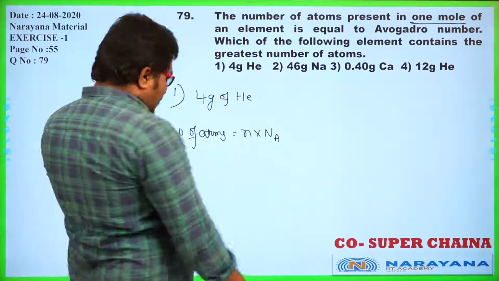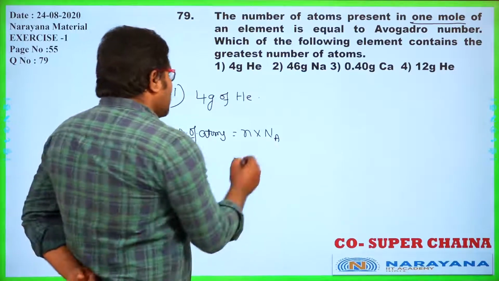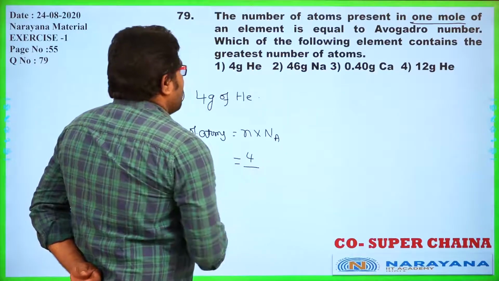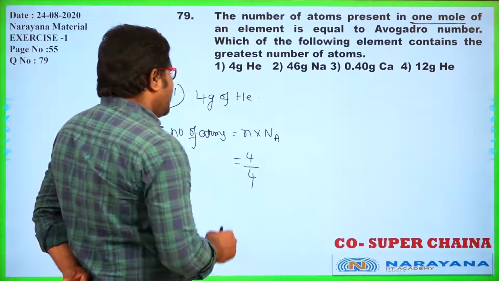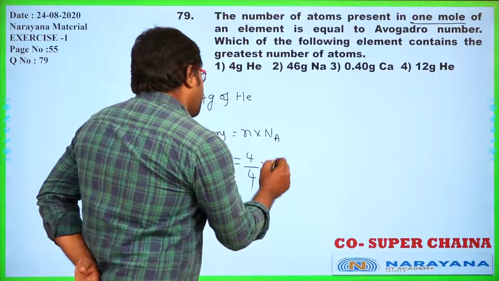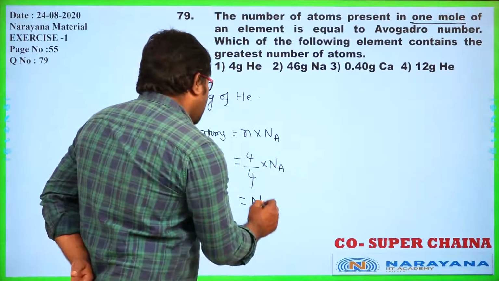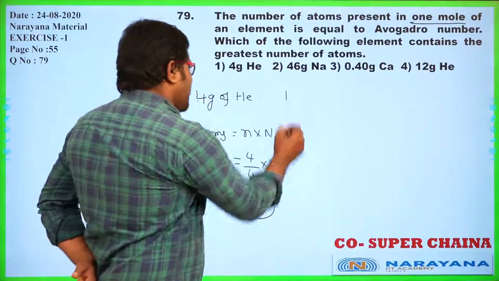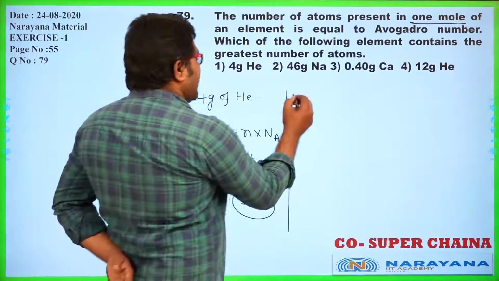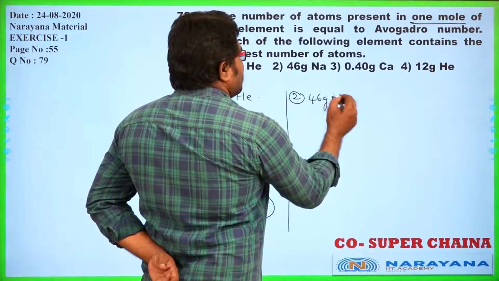How can we find the number of moles? Given weight by molecular weight. The molecular weight of helium is 4 grams, into Avogadro number. So in 4 grams of helium, how many atoms are there? Avogadro number of atoms. Now I am going to the next option, 46 grams of sodium.